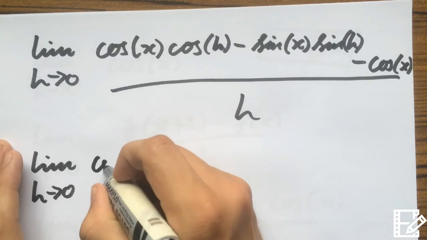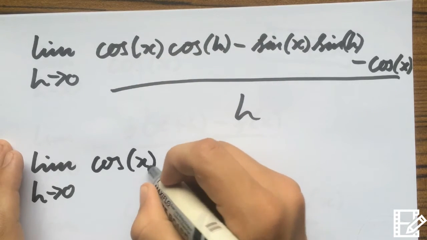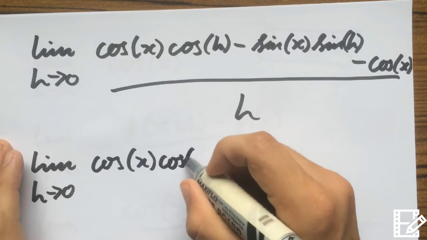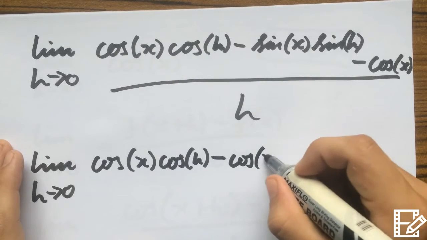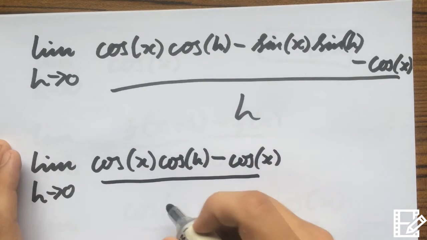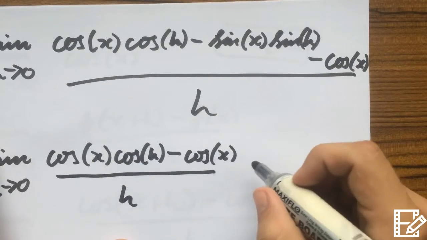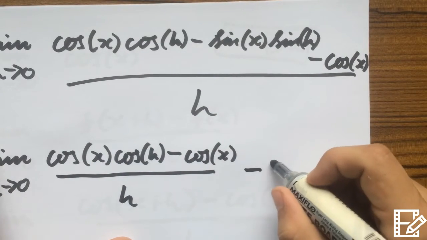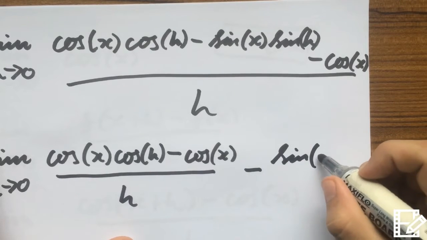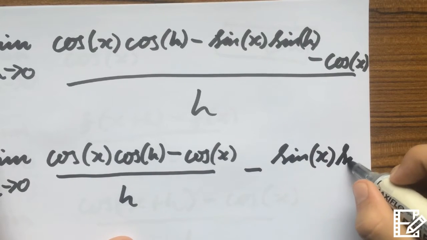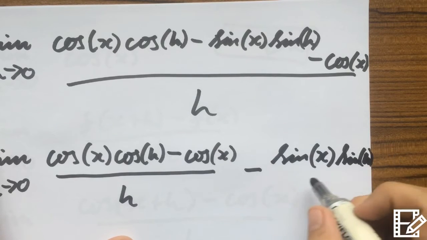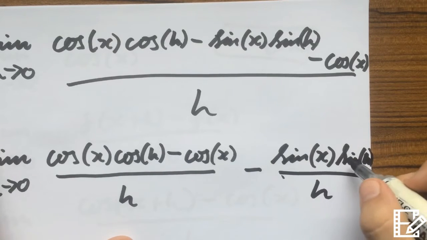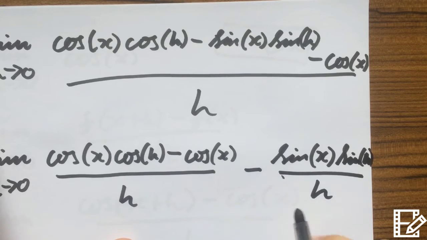So we have cos x multiplied by cos h, subtract cos x, all over h, and then we're going to subtract sin x multiplied by sin h over h. I said it, so you should know what that scribble is.